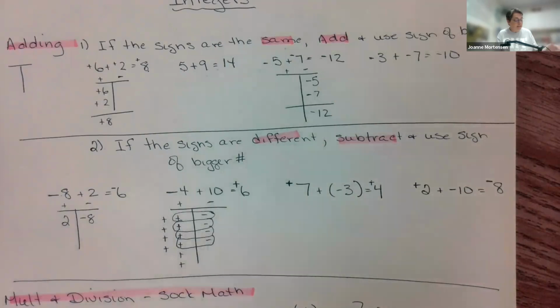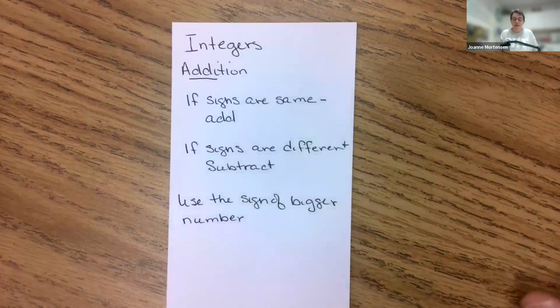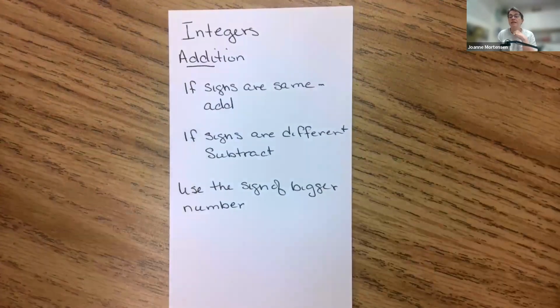Okay. For today, though, I don't want to mess around with this. What I made, and it took me all of a minute, is a little flashcard, I love index cards, on just addition of integers. Because I know the assignment I'm working with only has this.